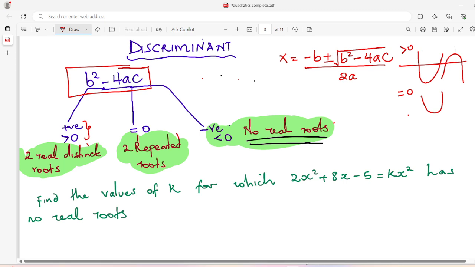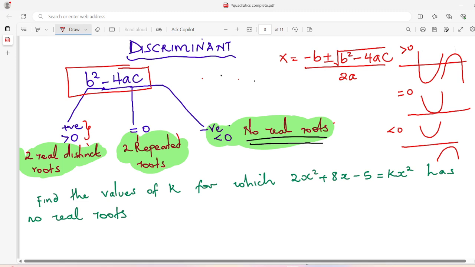If you have it less than 0, it means if this is my x-axis, it does not cross the x-axis. It is either like that, so you have no solution. So you need to be very careful, and when it comes to working out solutions, it is very easy. So we only use the discriminant on a quadratic equation.